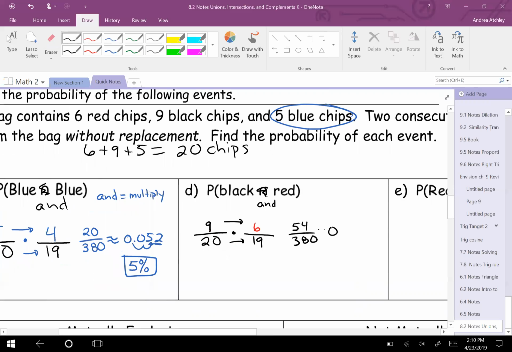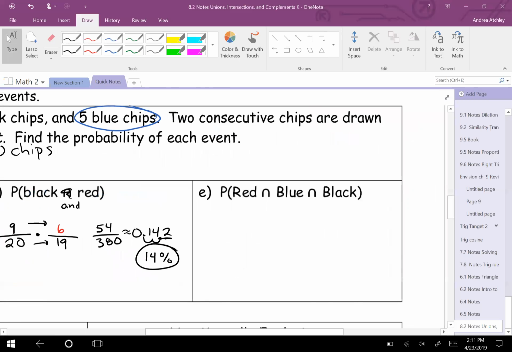That gives me about 0.14. Oh, that's interesting. Okay, does the 2 make the 4 move up? No, I move my decimal over twice, and I get 14%. Any questions? We're good?